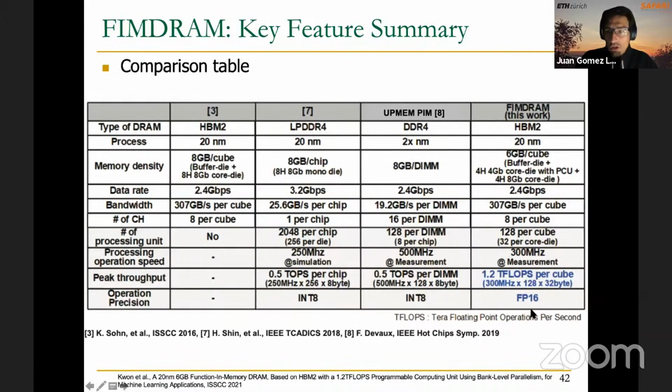And then regarding the operation precision, for sure, FIMDRAM is floating point 16 bits. PIM supports many more data types than integer 8, right? Actually, in normal operation, you would be using 32-bit integers, I would say, because the registers are 32-bit registers.